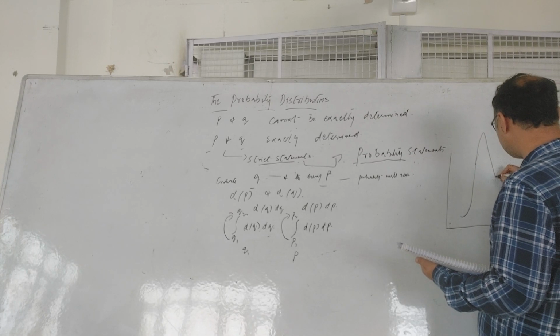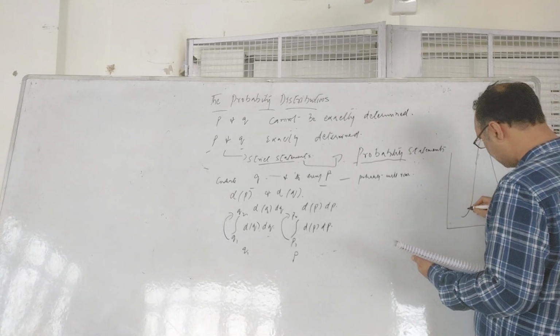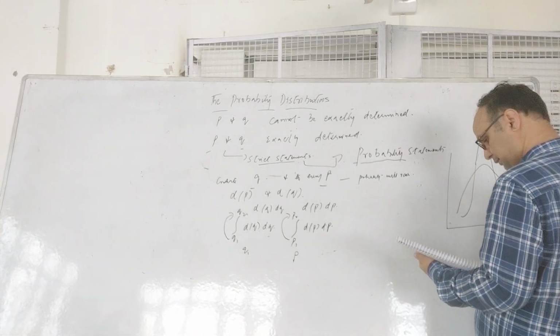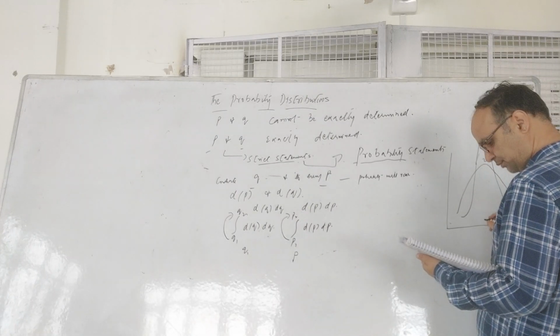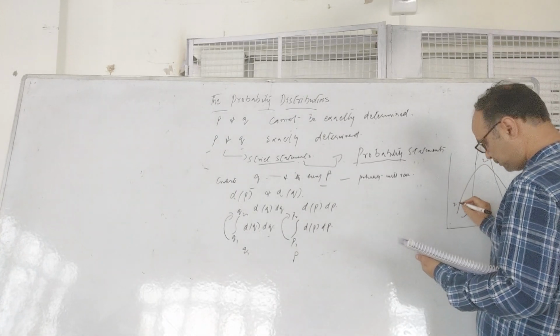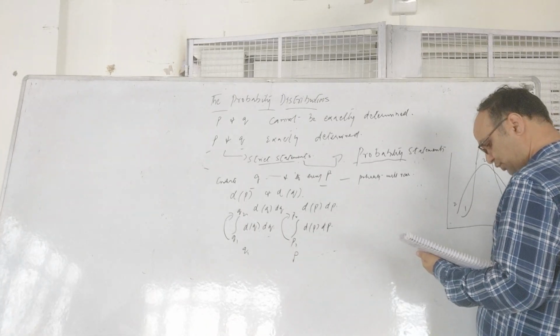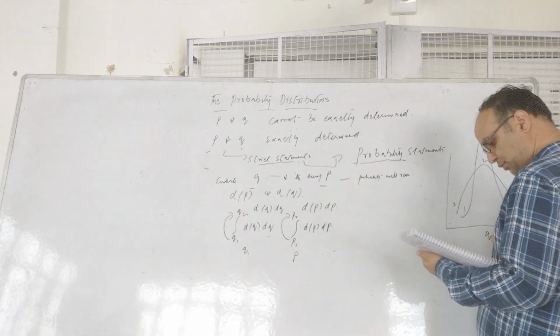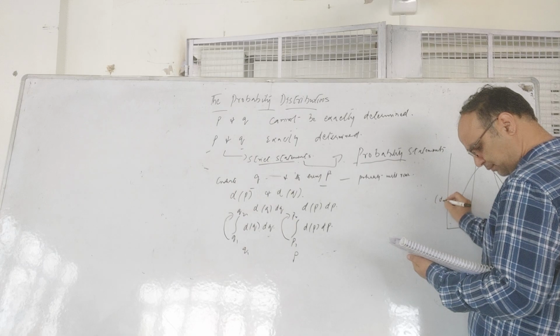It might be steeper, and the other can be like this. So this is 2, this is 2, this is 1. You have to see it's Q dq.